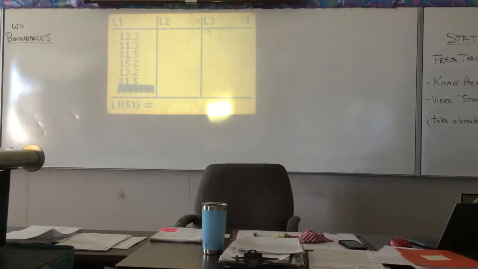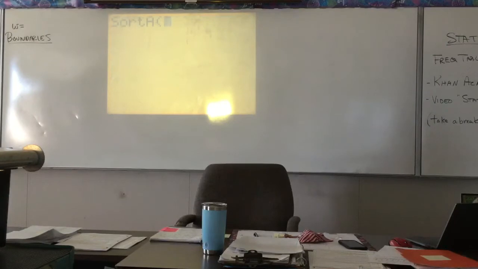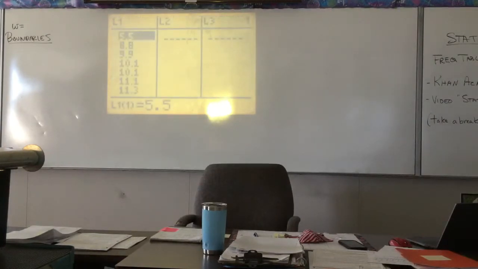The second thing we can do while we're here is sort the data. If we do stat, go down to number 2, sort ascending, do second, number 1 to tell it L1, press enter, done. If we go back to stat edit, the data will be sorted.